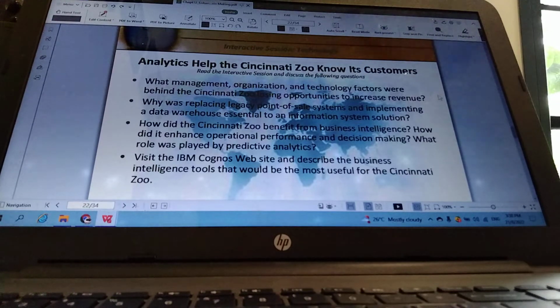Please brainstorm it with your friends and take a look at how this particular zoo is making use of these available tools in identifying, recognizing, and of course managing, and deciding what action to be taken next on their customers.